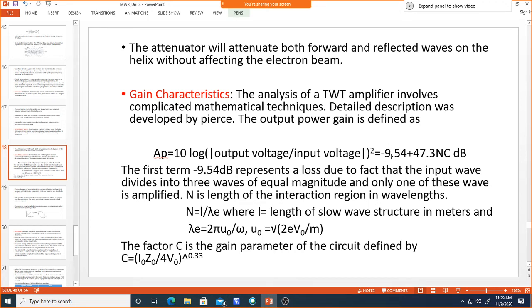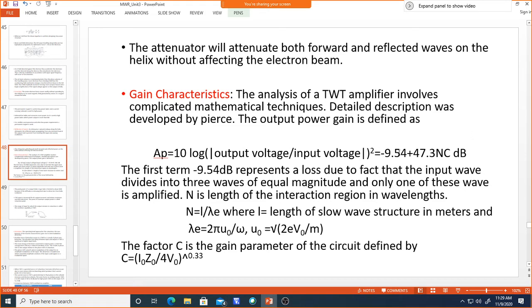Due to the fact that the cathode emits electrons, it will form the beam. The input wave given at the RF input will divide into waves of equal magnitude. Only one of these waves will get amplified, and the other two will be lost in the tube itself.